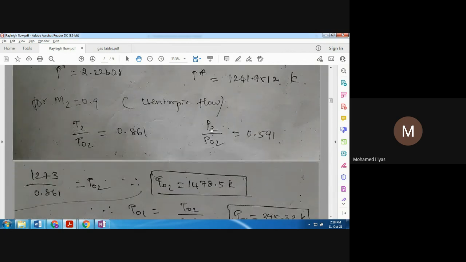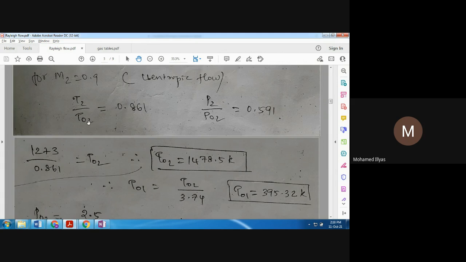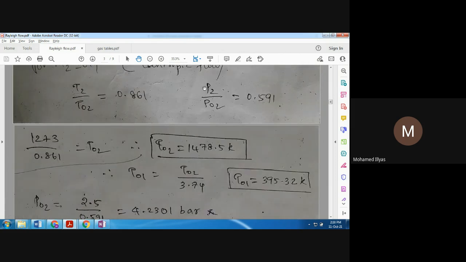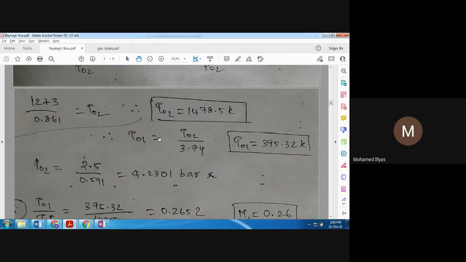So knowing T2 and P2, we can calculate our T02 and P02. T2 is given, T2 is 1273, so T02 we can get as 1478.5. And here also we know P2, so we can write P02 equal to P2 by 0.591.